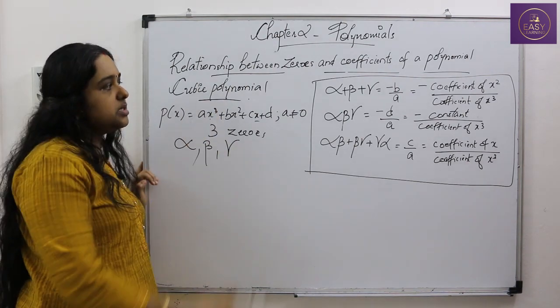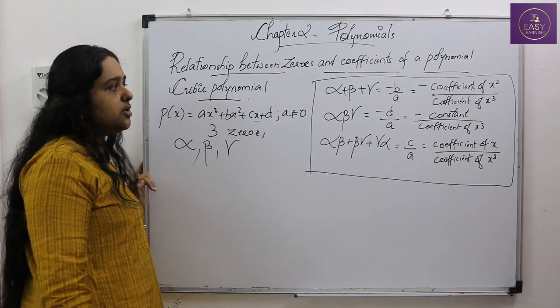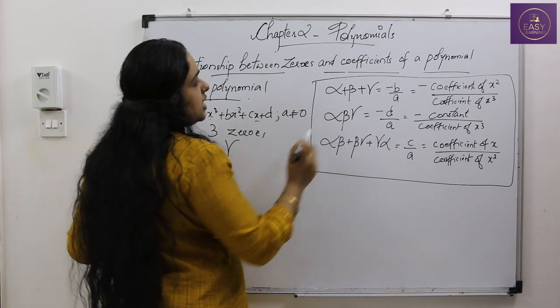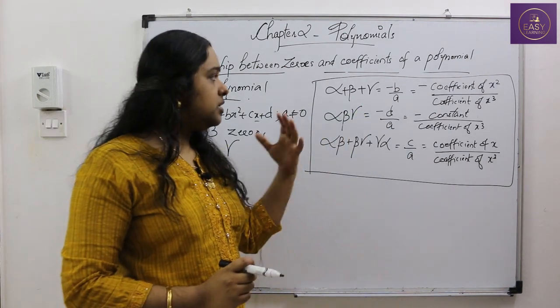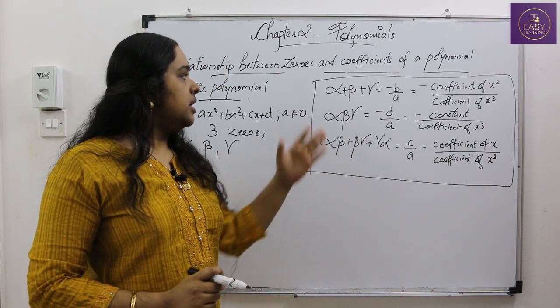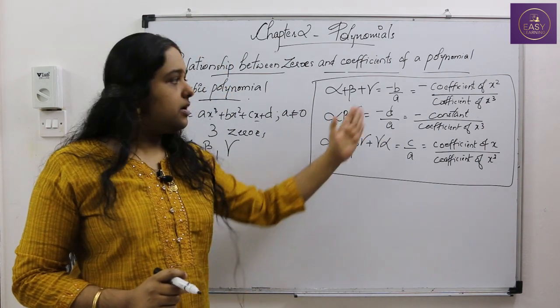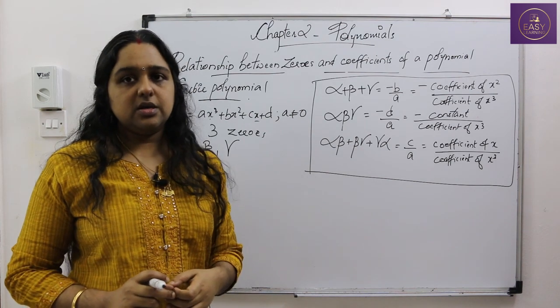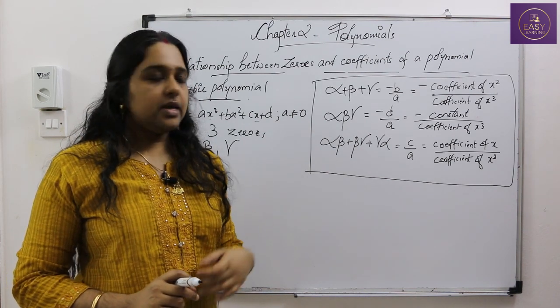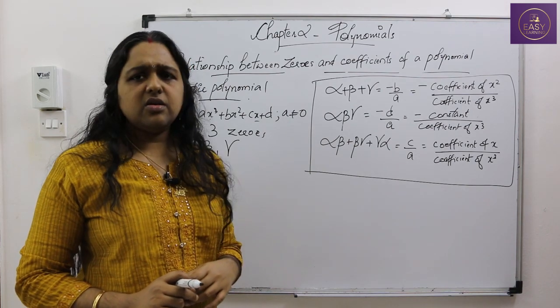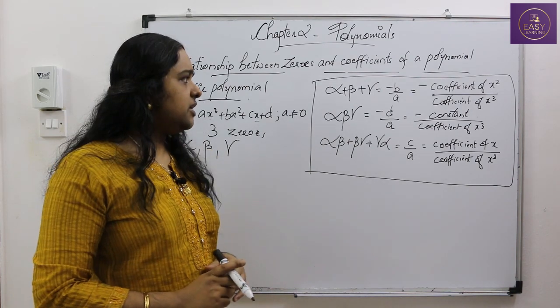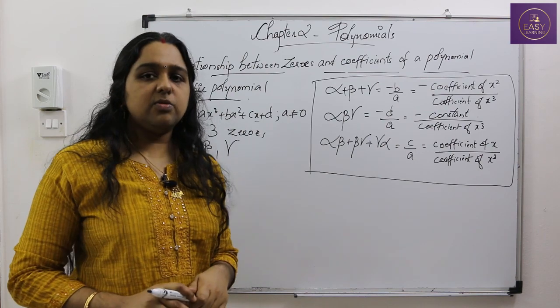There will be problems related to this also, where alpha, beta, gamma values are given and we need to write the cubic polynomial, or sometimes we are asked to verify the relationship between coefficients and zeros. Then we will move on to our problems. This is not a tough chapter, it's very easy. You need to understand the basic concepts, then it will be even easier for you.